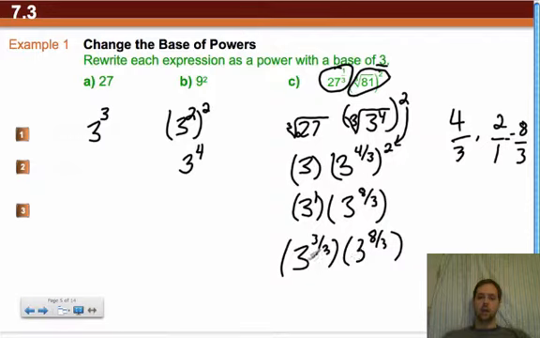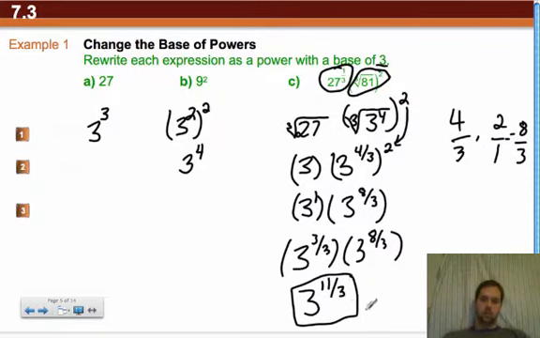When we multiply powers with like bases, we add the exponents, if you recall from page 1. So this ends up being 3, and 3 plus 8 is 11, and your denominator is 3. And there's our answer. Okay?